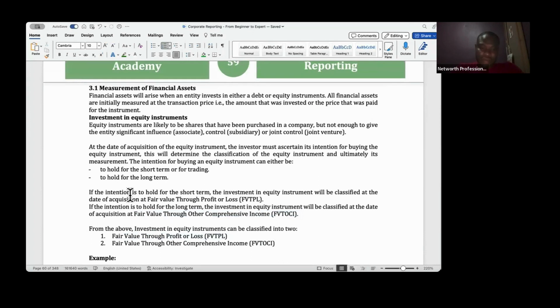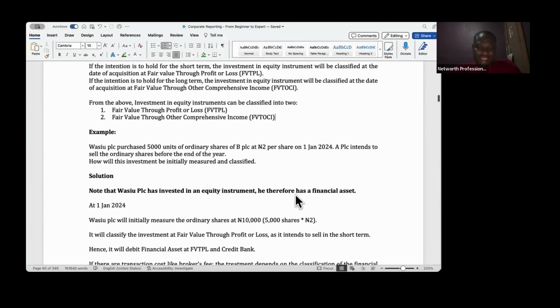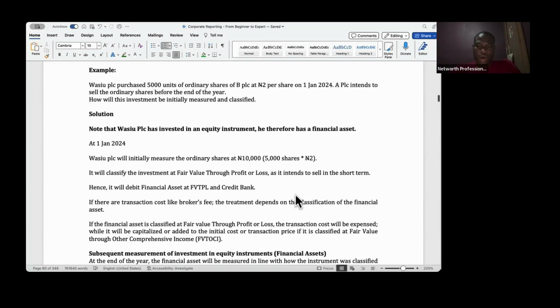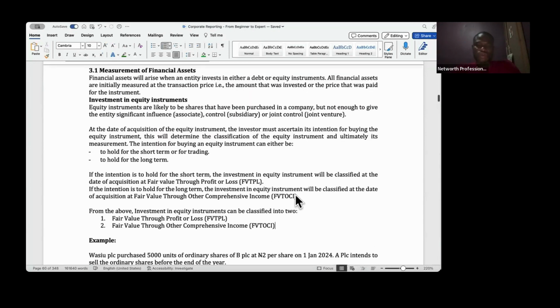That means that when you buy shares, the way you will recognize it in your books is you will credit your bank because you are parting with money, and you will debit your financial assets. But you won't just call it financial assets. You would call it financial assets at fair value to P&L or at fair value to OCI.